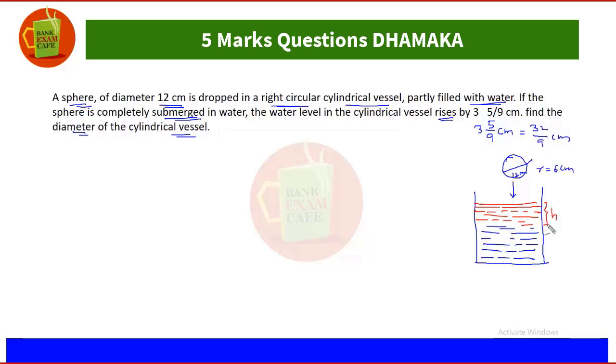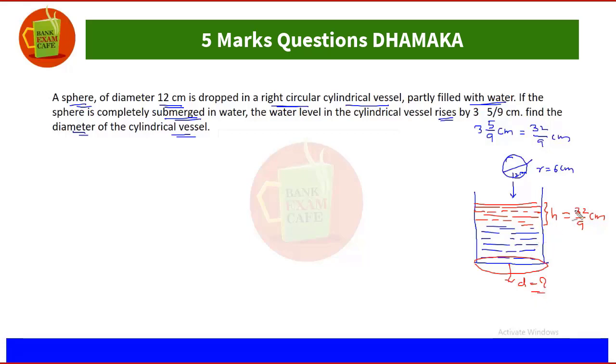This height of the raised water is h, and this is given as 32 by 9 centimeter, and we have to find the diameter of the cylindrical vessel.